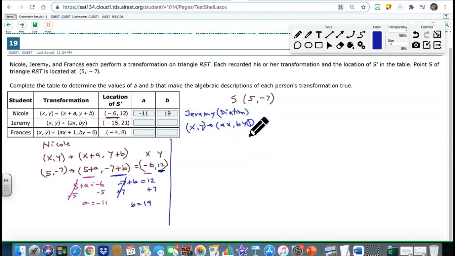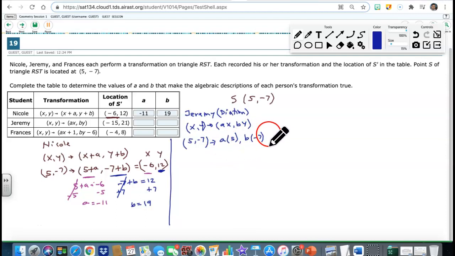But my point is 5, comma, negative 7. That means he multiplied A times the X, which is my 5, and he multiplied B times my Y, which is negative 7.